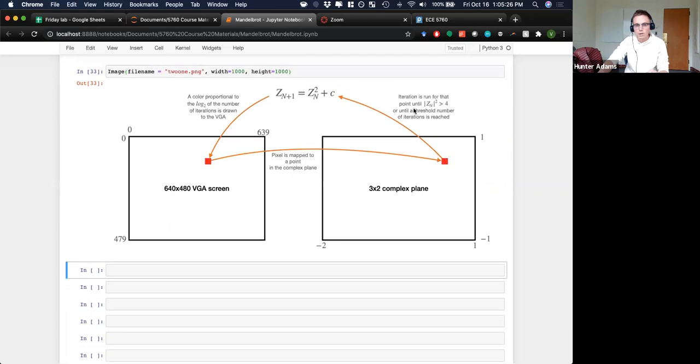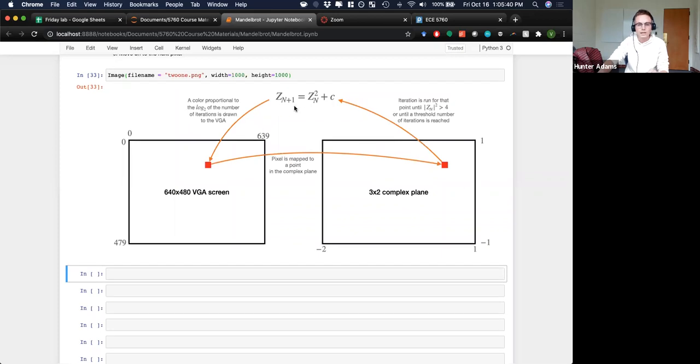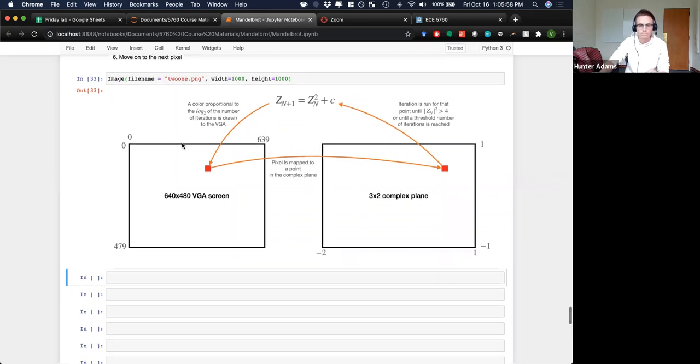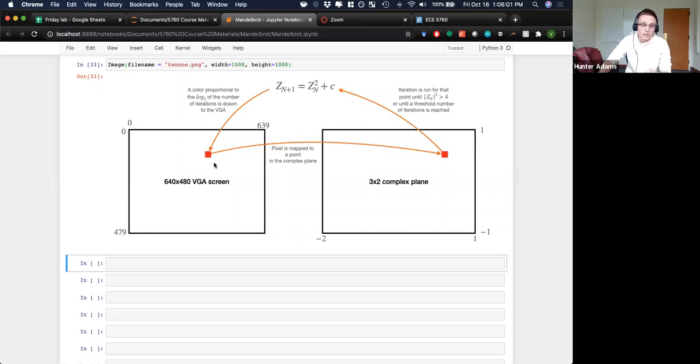We are plugging this complex number into this equation for the iteration, running this iteration over and over and over again, and then coloring this pixel in accordance to what happened with this iteration. If we reached 1,000 and we haven't diverged, then we color it a color that means inside the Mandelbrot set. If before we reach that number of iterations we do diverge, then we color it a color which is proportional to the log 2 of the number of iterations that it took to exceed 2. And in actuality, you'll have a few pipes doing this, right? So you'll be doing this in parallel for a few different pixels at the same time.